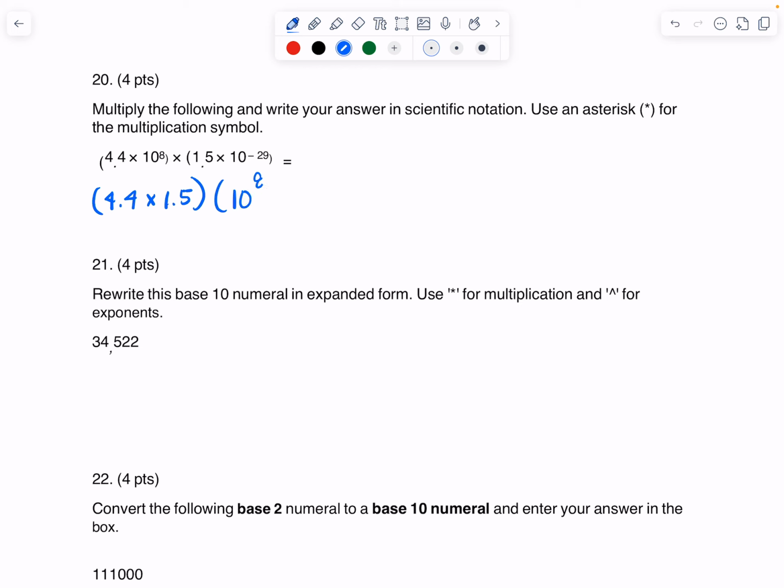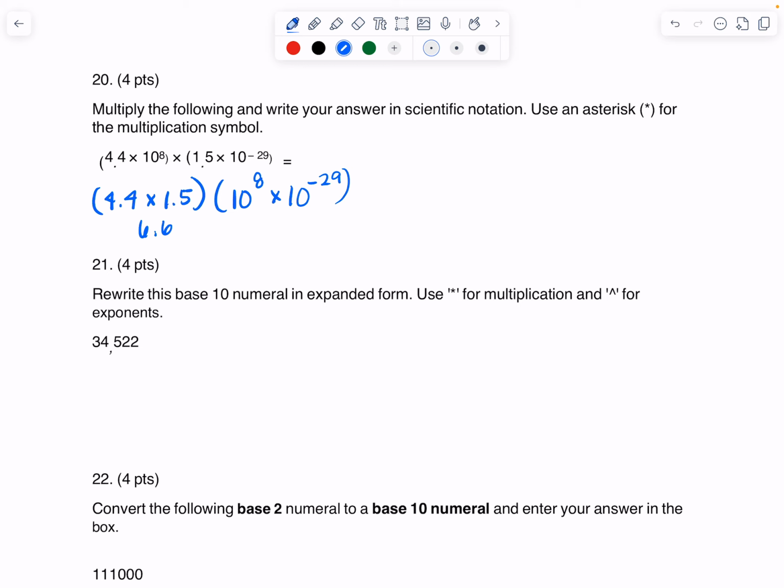So 10 to the 8th times 10 to the negative 29th. Okay, so in your calculator, you're going to take 4.4 times 1.5, and when you do that, you get 6.6.